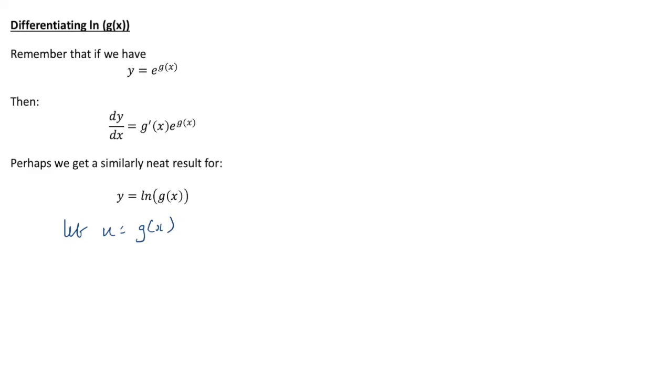So what we can do is use a chain rule approach. We let u equal g of x, and y is therefore log of u. So dy by du is 1 over u, as we've just seen, and we know that dy by dx is dy by du times du by dx.